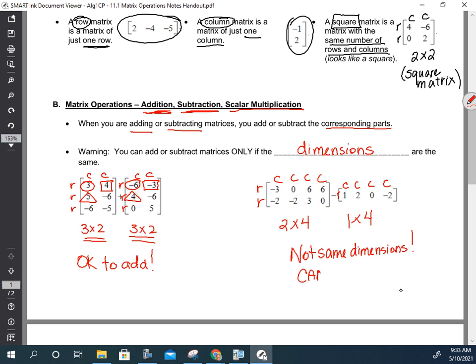Cannot subtract. If you can't subtract them, please do not force it either. Don't get cute, saying I'm going to take this top row and subtract it from that thing. No, that's called being cute, and that's wrong. That's not even mathematically correct, so don't do it. If they don't have the same dimensions, you cannot add, you cannot subtract.